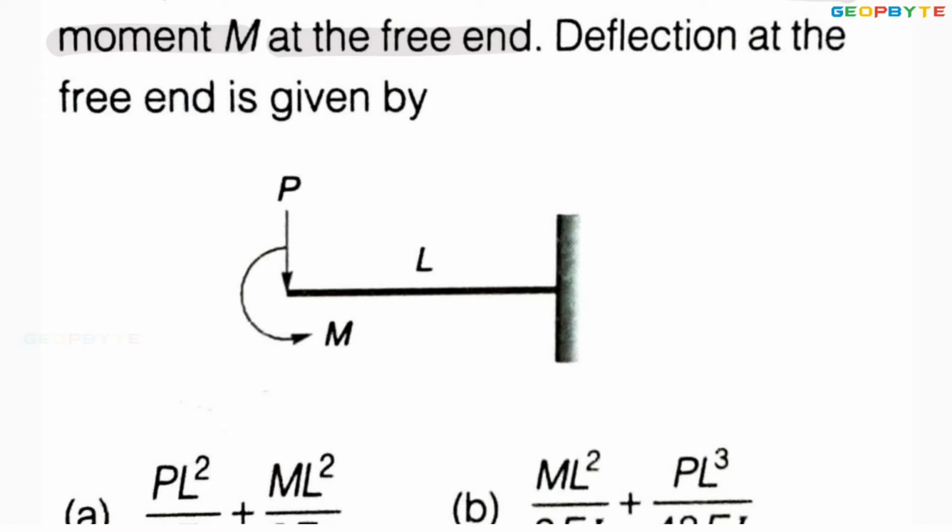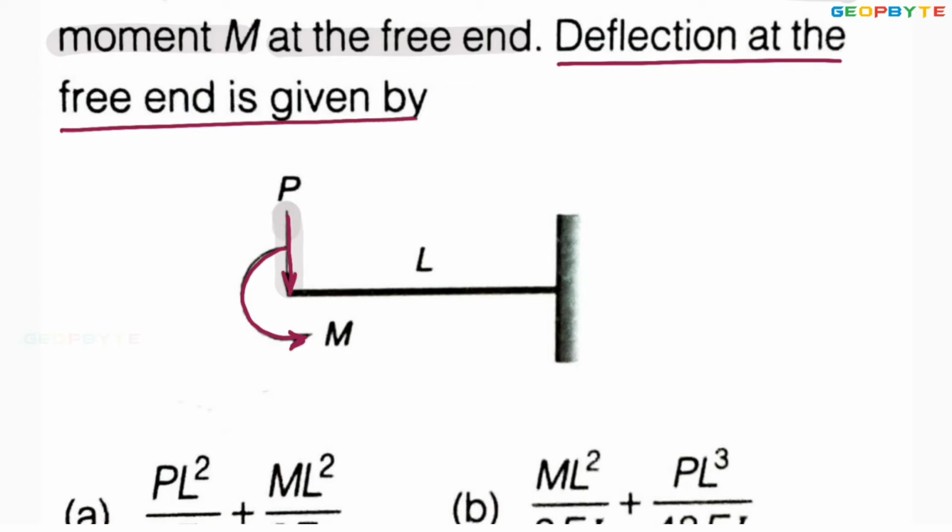It is subjected to both a point load, which is acting at the free end, and one moment acting in the anti-clockwise direction at the free end like this. You are asked to find the deflection at the free end.